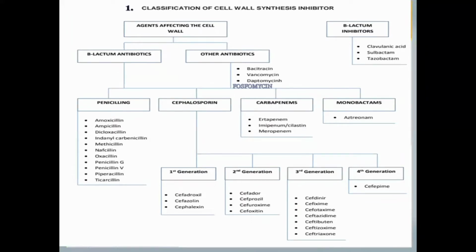Examples of penicillin, as we all know, include this list. Well, the cephalosporins are divided into five generations, but for now we are going to see the 4 generations that exist here. And these 4 generations further have examples, and we need to know about these examples.